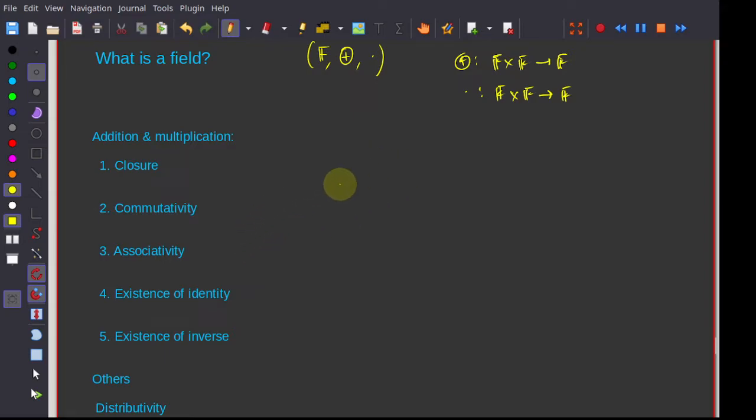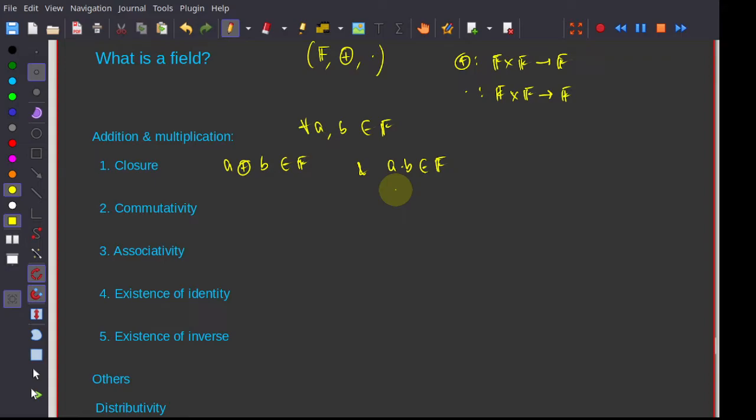So what properties should it satisfy? Firstly, it should be closed. So basically, if I take any a, b in the field, then both a plus b should be a valid field element, and a times b should be a valid field element. That's basic.